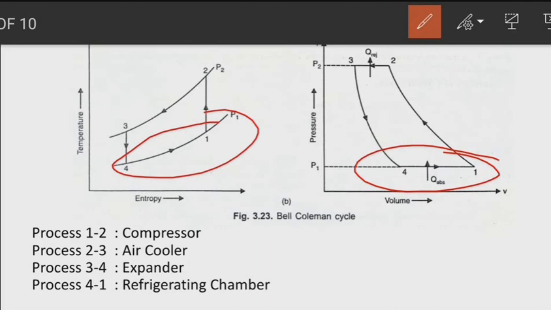The low temperature, low pressure air at stage 4 absorbs heat from the refrigerator, which may use a brine solution, as was used for making ice in earlier times, to cool the space. The heat absorption takes place at constant pressure, and consequently the temperature increases from T4 to T1.